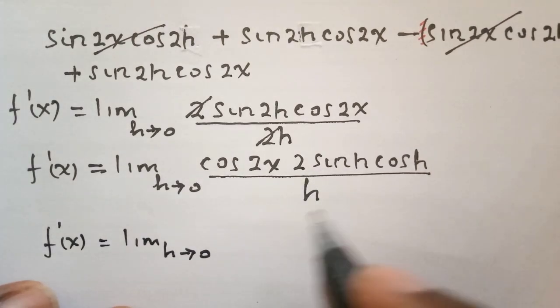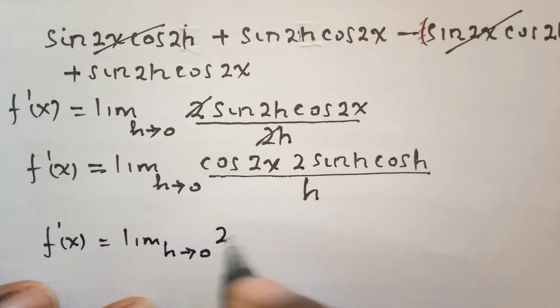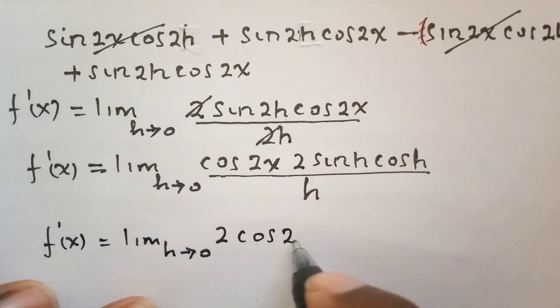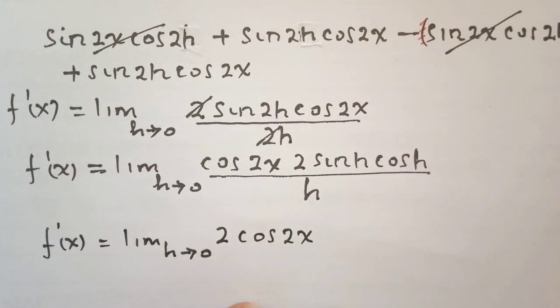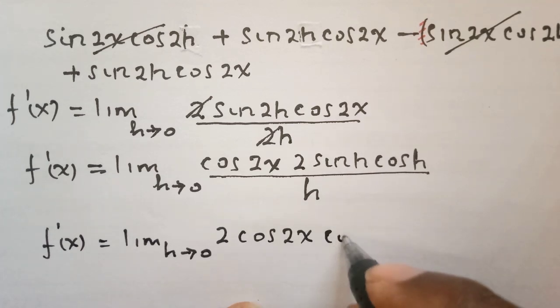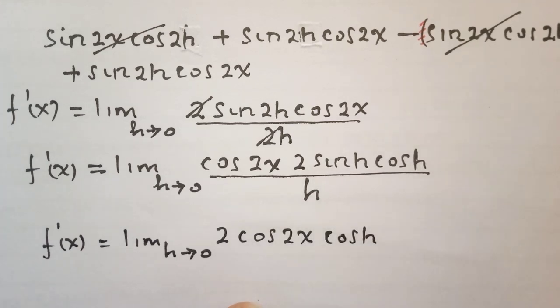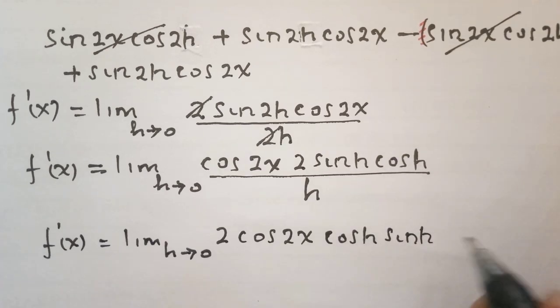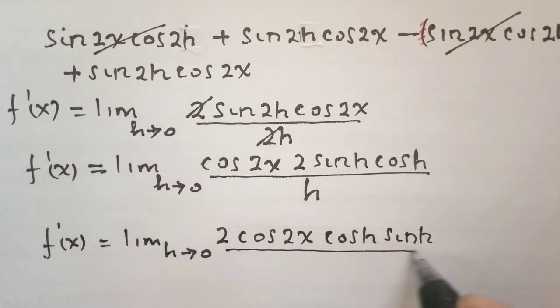Let me put now like this, 2, then I'll put cos 2x, and then from cos 2x, let me put cos h, and finally I'll put sine h all over h, like that.